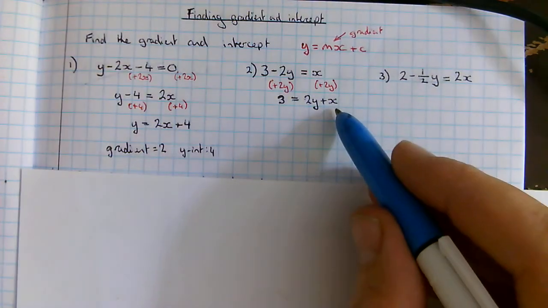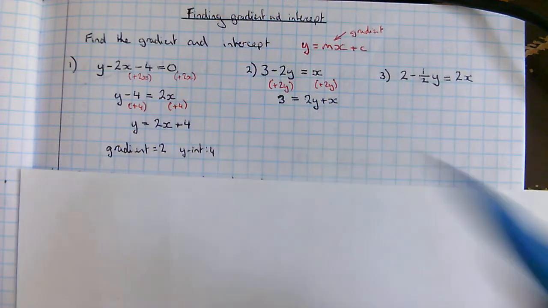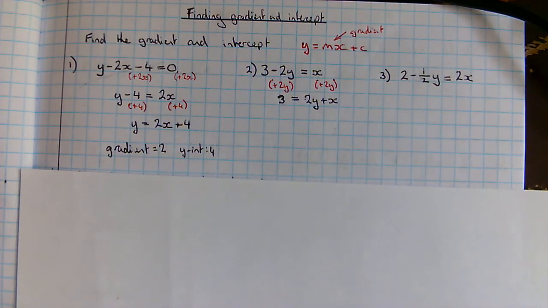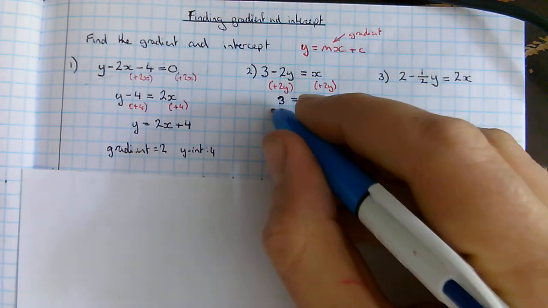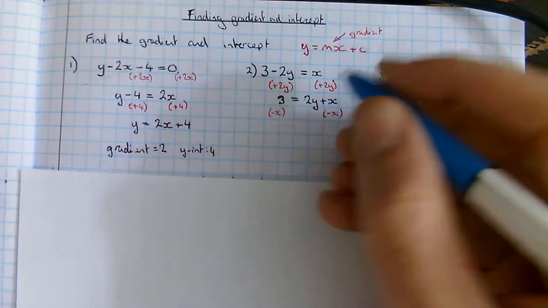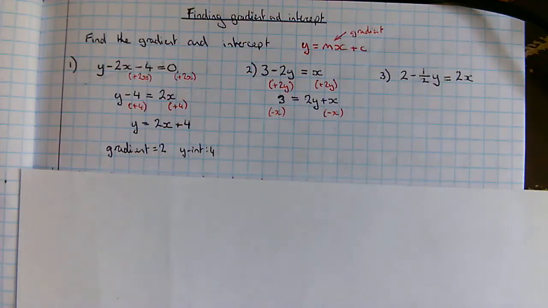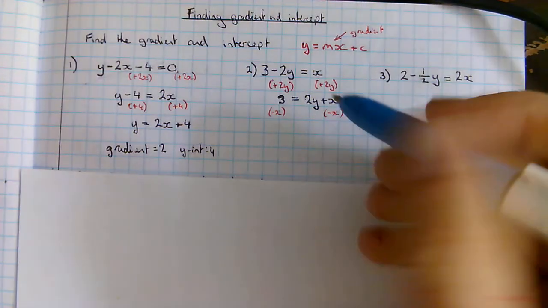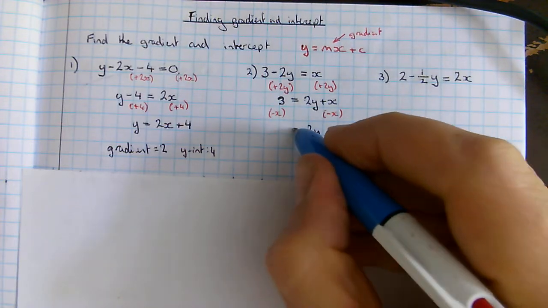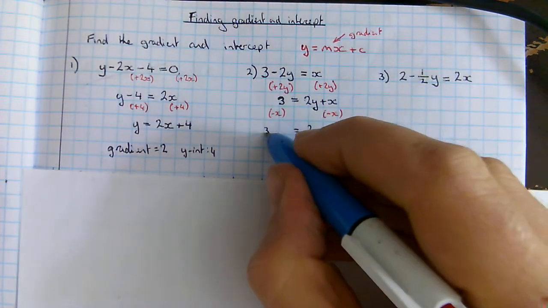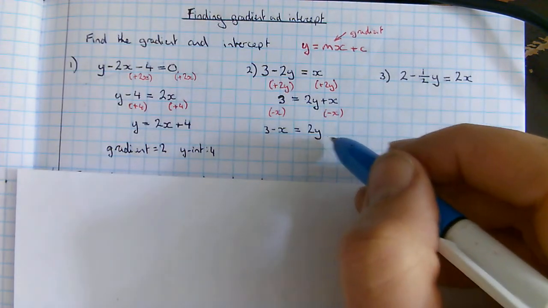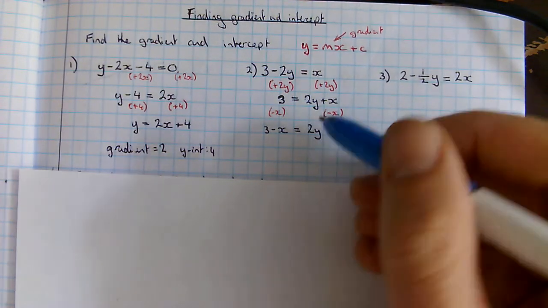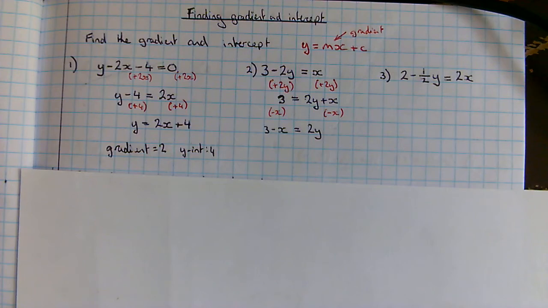I'm going to want to get rid of this x here, because I want y on its own. So I'm going to take away x. On the right hand side I'm just left with my 2y. On the left hand side I've got 3 take away x. Now I've got 2y here. I only wanted y, so it's multiplied by 2.